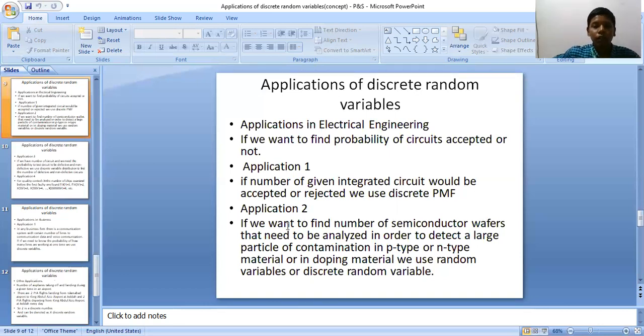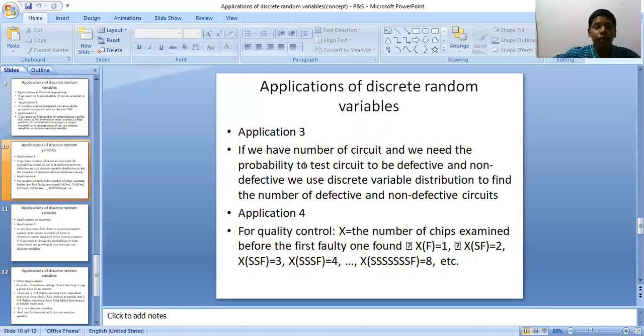Application 2: if you want to find the number of semiconductor wafers that need to be analyzed in order to detect a large particle of contamination in p-type or n-type material or in doping material, we use a discrete random variable. And application 3: if we have a number of circuits and we need the probability of a tested circuit being defective or non-defective, we use a discrete variable distribution to find the number of defective and non-defective circuits.